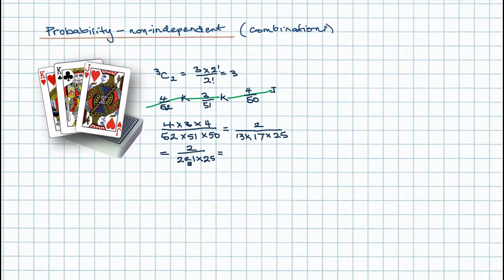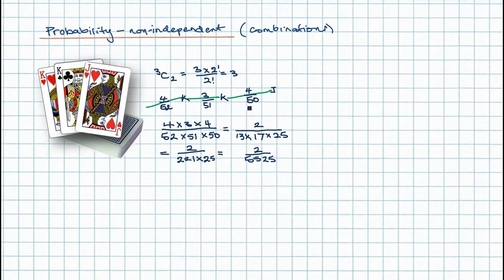So I can divide that by 4, give me 100, and if I divide that by 4, I've got 110.5. So that's going to be 55.25. So 55.25 times 100 is going to give me 5525, in other words 5,525, and the numerator is still 2. So I've got an answer.